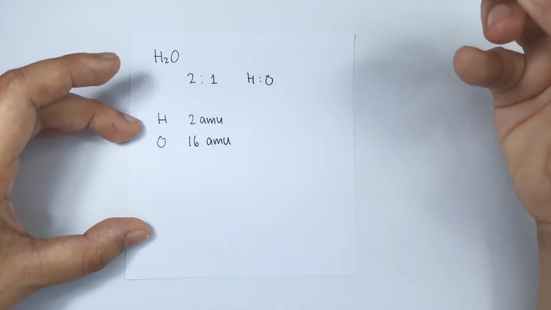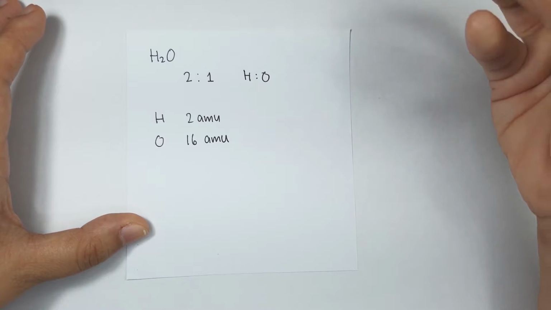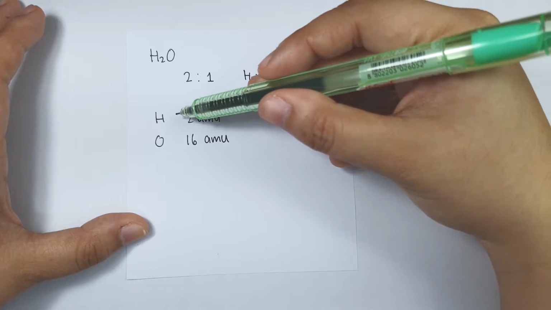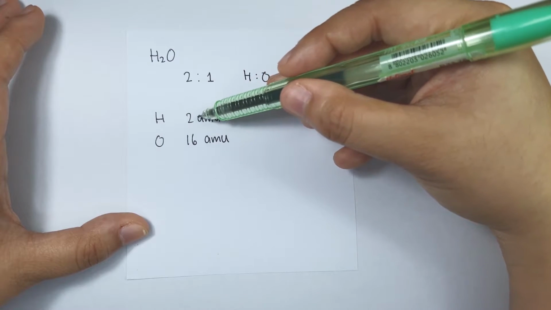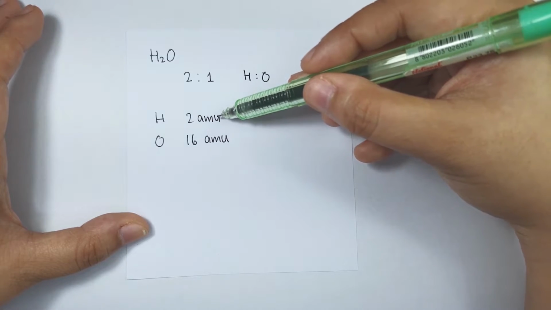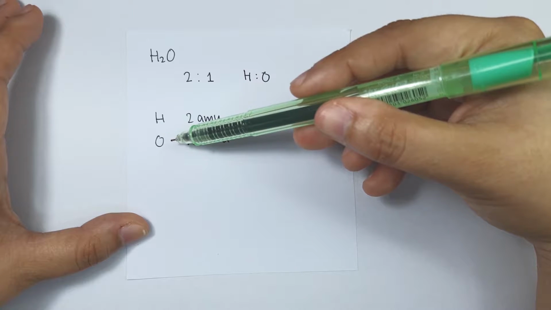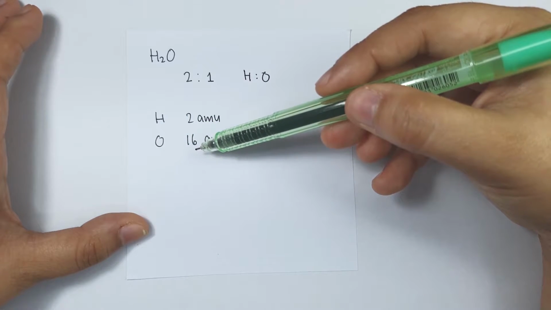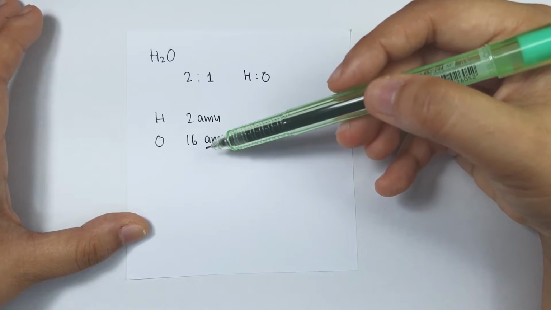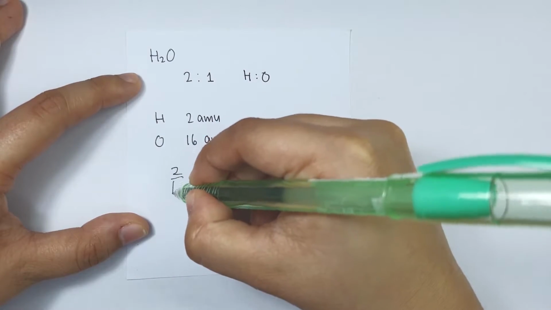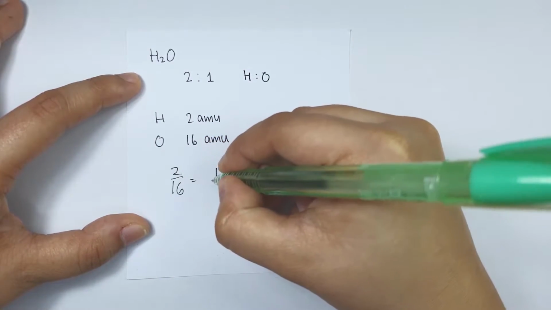So, wait, where do these values come from, ma'am? For the 2, the mass of hydrogen is 1 AMU, times 2 because there are 2 atoms, so 2 AMU. While the 16 is the mass of oxygen if you look at the periodic table, and times 1 only because it has just 1 atom. So, dividing 2 over 16, you get 1 over 8 or 1:8.